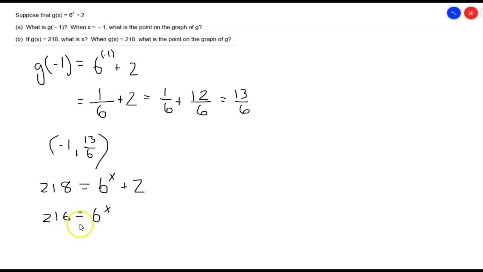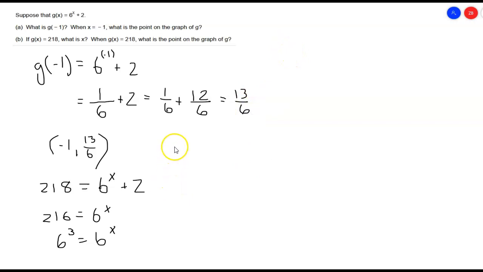The reason that's important is because if we have an equality where the two bases are the same, that means the two exponents have to be the same, and we can set those exponents equal to each other. So I'm going to write 6 raised to the 3rd power, which is the same as 216, is equal to 6 raised to the x. And since the bases are the same, the exponents have to be the same.